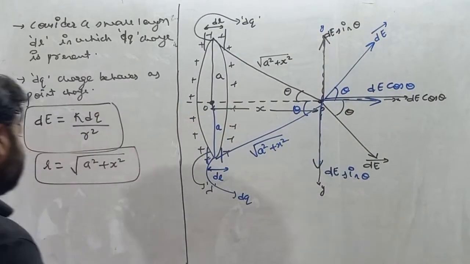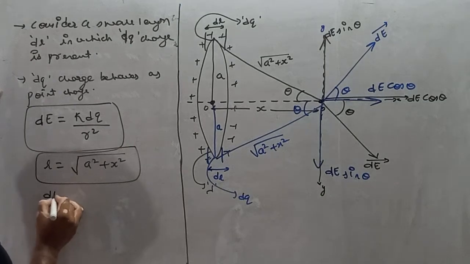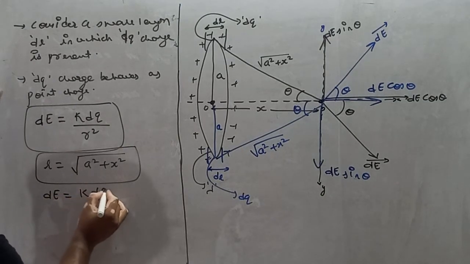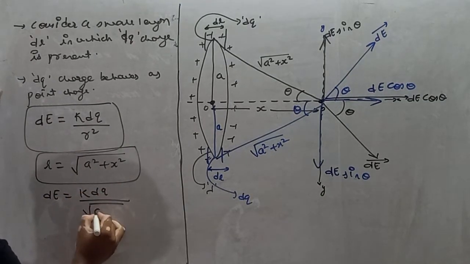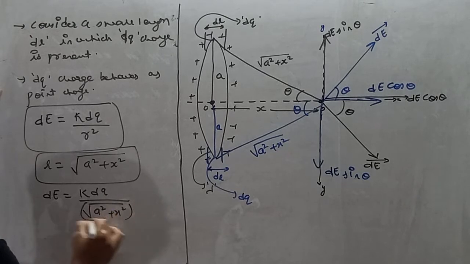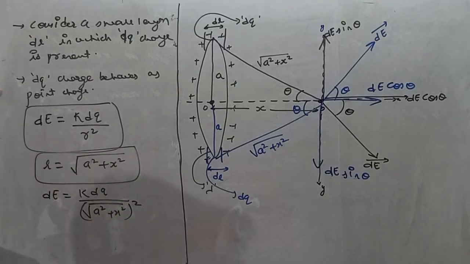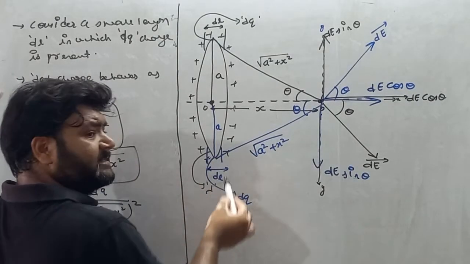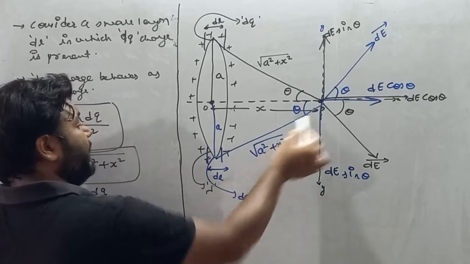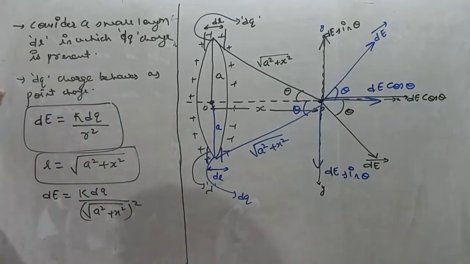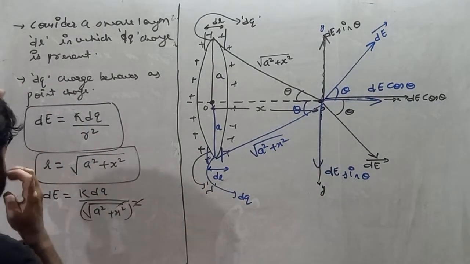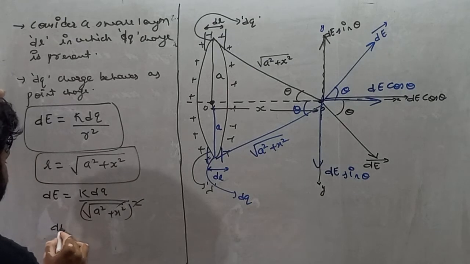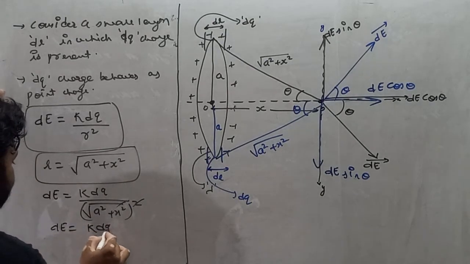Now see, I'll find the value of dE. dE is equal to K dq by the square of under root a square plus x square, because the denominator is r square and r is the distance between the small point charge and point P where we wish to find the electric field. So the root gets cancelled, and we get dE equal to K dq by a square plus x square.